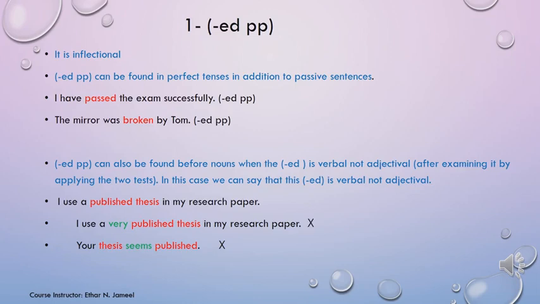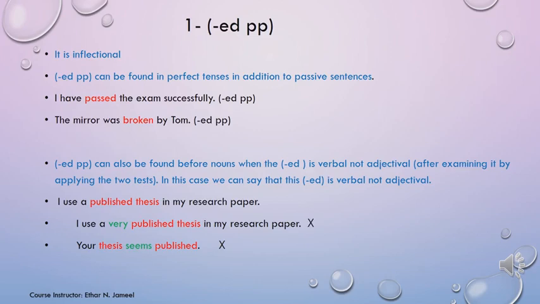The mirror was broken by Tom. This sentence is in the passive voice. Was broken. Was plus a verb in the past participle form. So broken contains -ed past participle because it is in the past participle form.